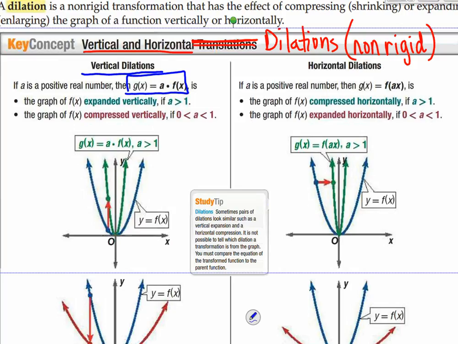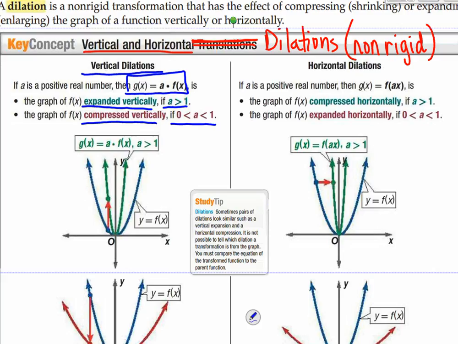And so it's called expanded vertically if a is greater than 1, compressed vertically if a is between 0 and 1. So we're looking at things that are always positive here, because if it's a negative, what did that do from yesterday? That flips it, makes it reflected in one of the axes, depending on where that negative is. So we only care about the positive value here.